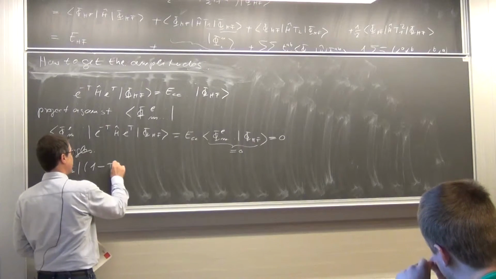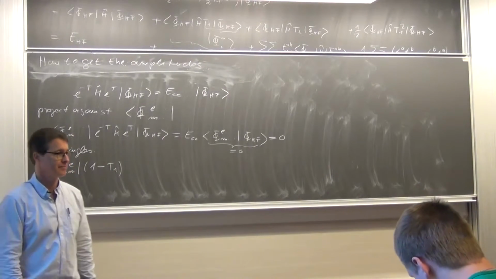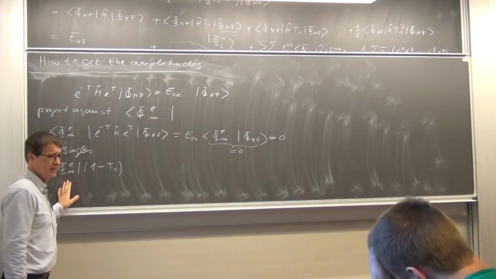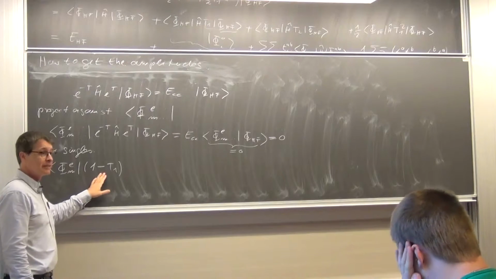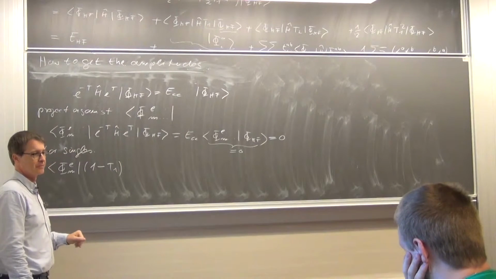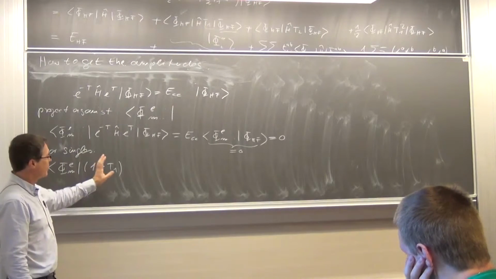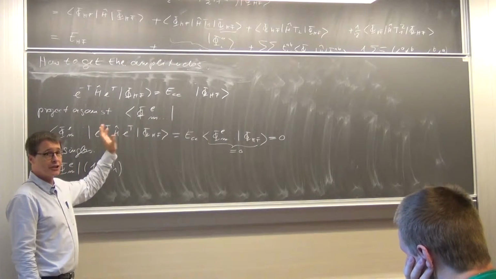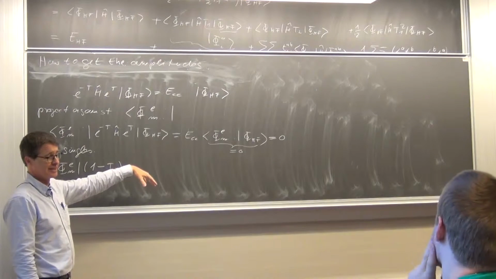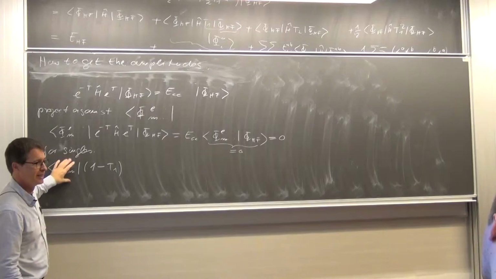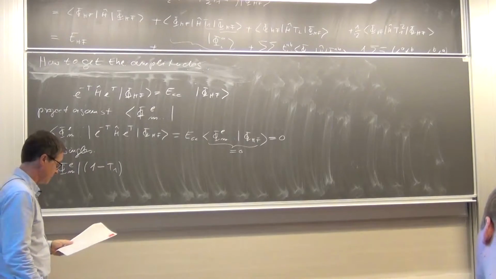So now we can have T1 standing here. And if it were a double excitation, we would have 1 minus T1 minus T2. If it were a triple excitation, it would go to T3 and so forth. But all those squared and cubed terms, well, you have to take as many as fits the excitation level of this determinant here.